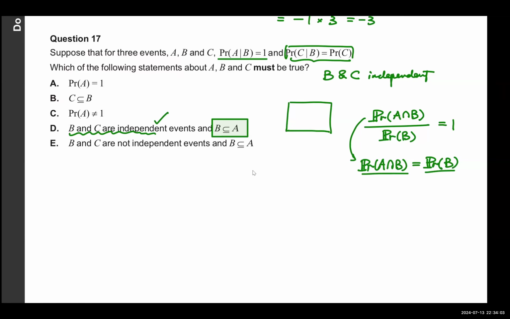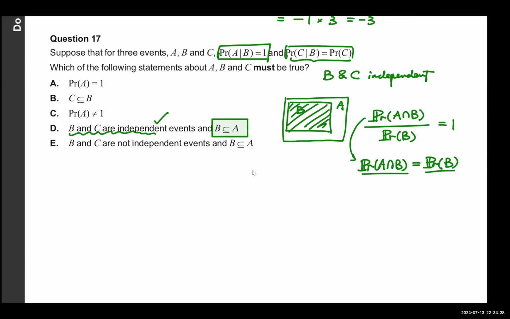That means, okay, if you have an A outside and a B inside, no wonder you have this conditional probability equal to 1 because B is totally fully within A. And therefore, when you take the intersection between them, you only filter whatever is in the middle.